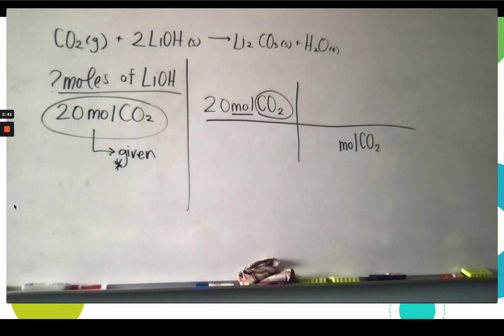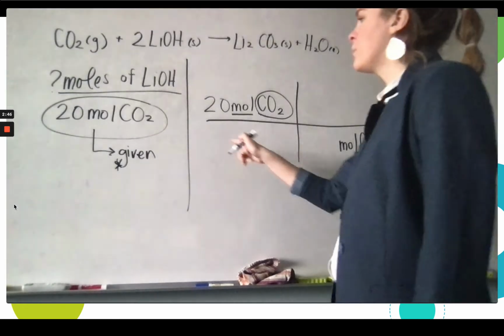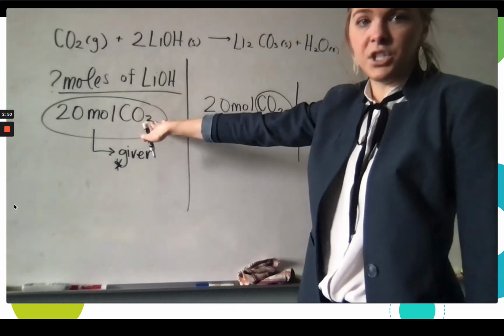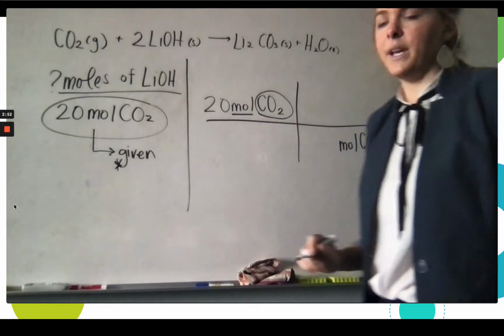In our last video, we talked about mole ratios. A mole ratio, remember, relates the moles of one thing to the moles of another. So what might be a mole ratio between carbon dioxide and LiOH?